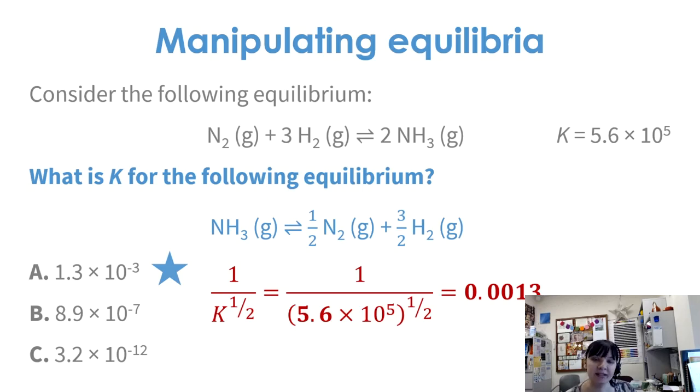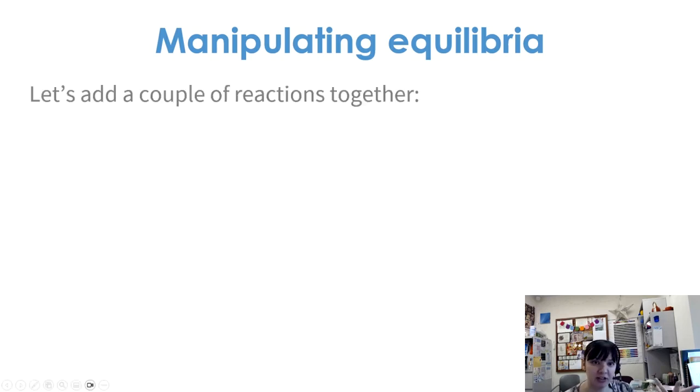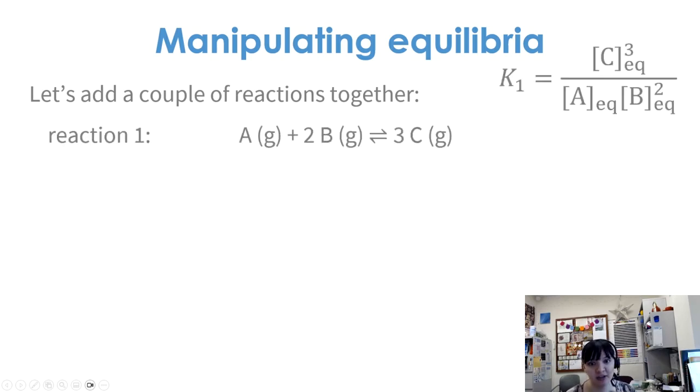Now, one last example of ways in which we'll commonly see equilibria manipulated is again familiar from some of the stuff that we saw when learning about Hess's law, right? So say I have two reactions that I'm going to combine together. Imagine reaction 1, the same reaction 1 that we saw before with the same K expression.